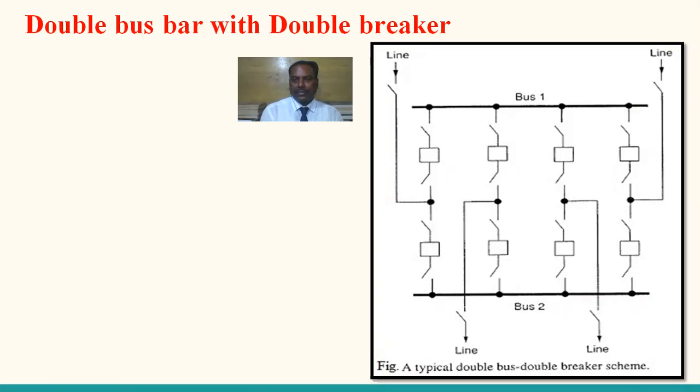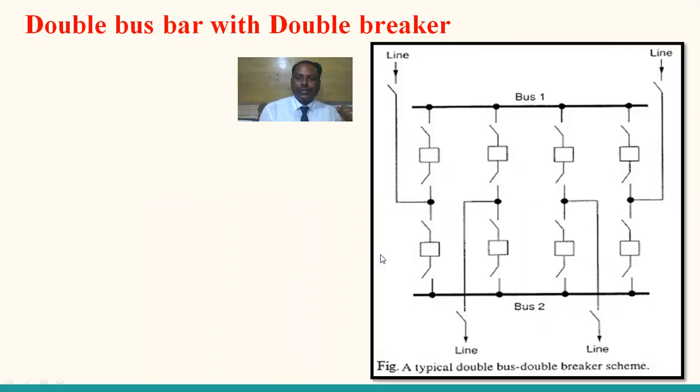But the major difference between the earlier system and this system is that bus 1 and bus 2 were connected with a single breaker in the earlier scheme, but in this there is a double breaker. There are two breakers connected between each load.